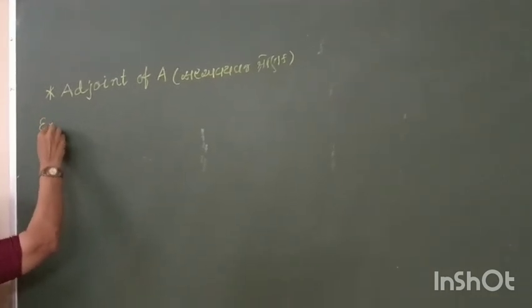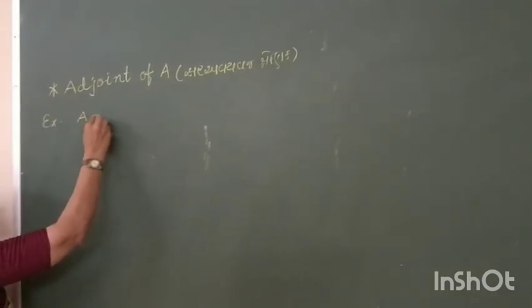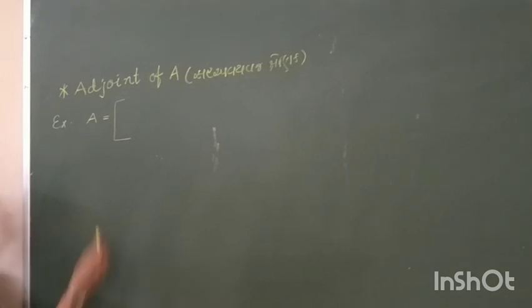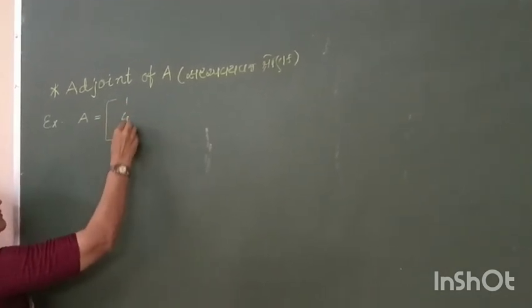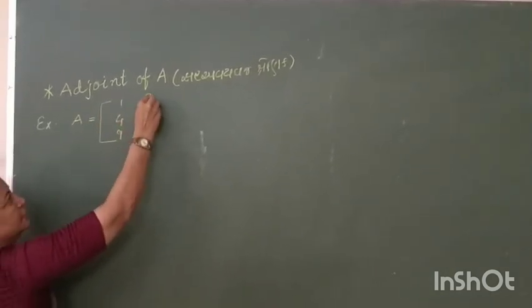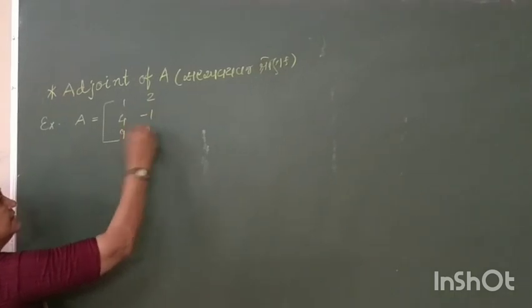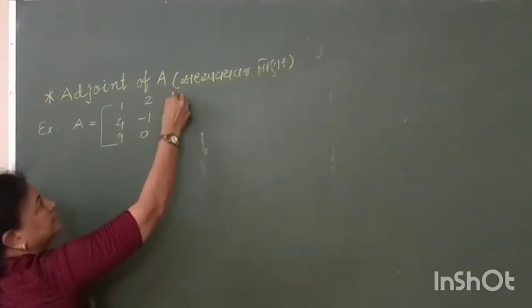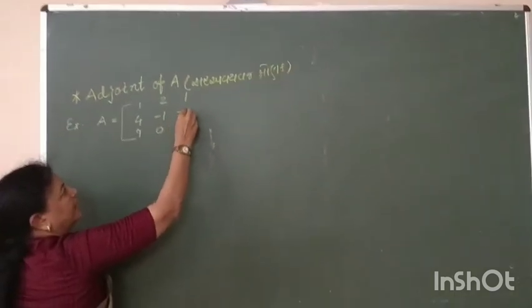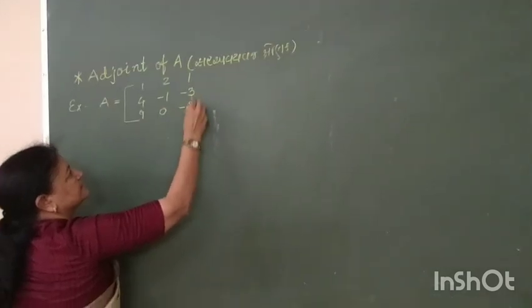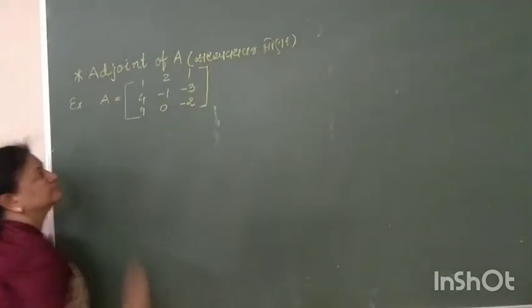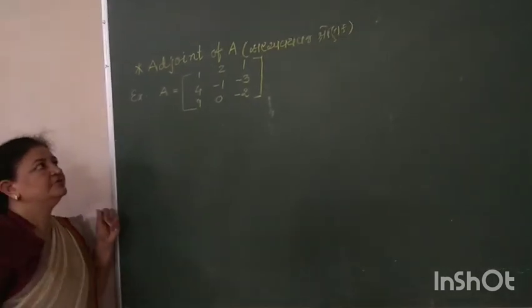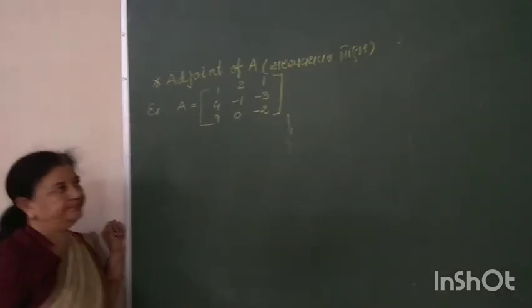For example, I am taking A equal to [1, 4, 9; 2, -1, 0; 1, -3, -2]. How to find out adjoint of A?